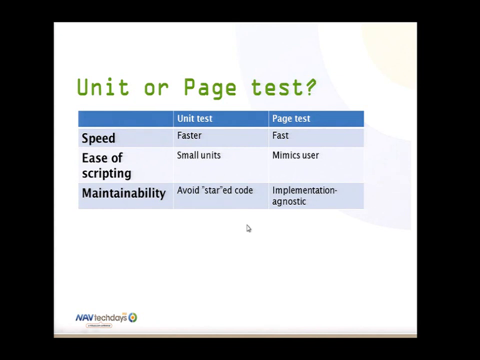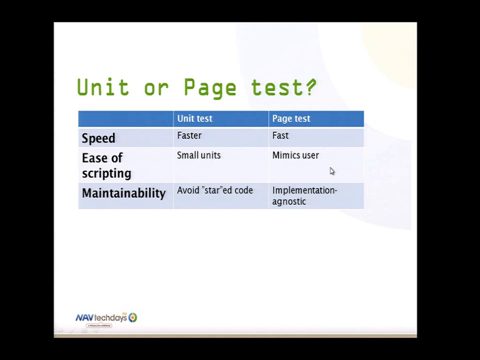Because of the complexity involved with large units, unit tests may have starred code. The starred code, of course, I'm referring to the comment where I thought I would never need this line, but I had to add it in order to pass that line so that I can finish the execution of my unit. So the smaller the unit, the less starred code, the easier it is to maintain.